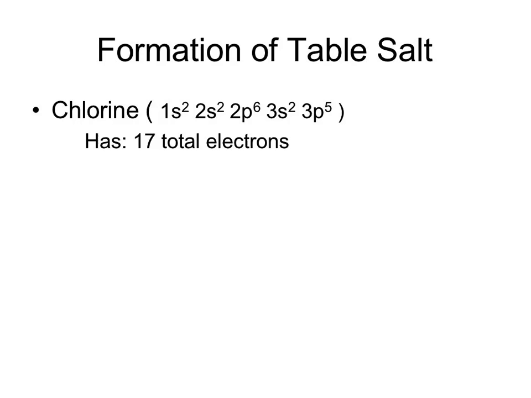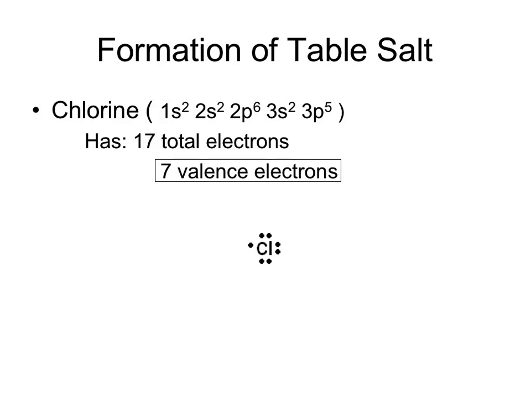How many are valence? Is it 5 or 7? 7. We have S's and P's in the third energy level, so we have to add those together. 7 valence electrons. So we're going to draw the symbol for chlorine, which is Cl, and 7 dots around it. 7 valence electrons.